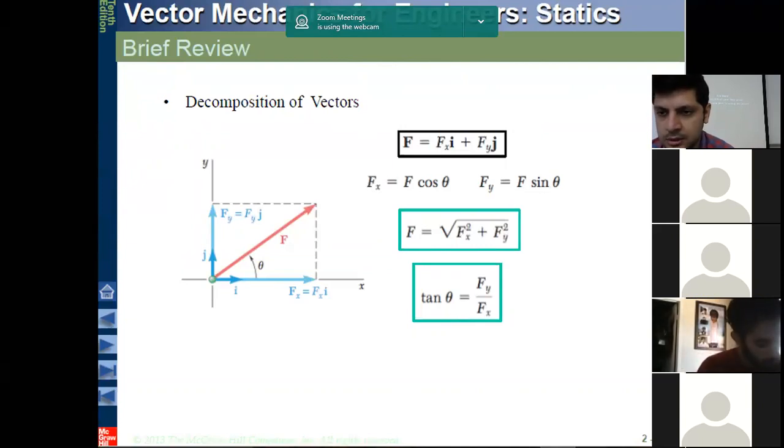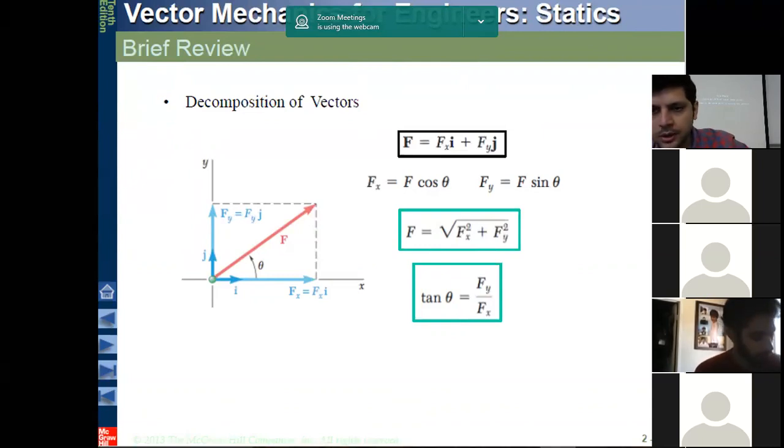Well, this magnitude could be defined as the square root of fx squared plus fy squared. So, okay, I'll get back to your question, Sammy, on the resultant vector.